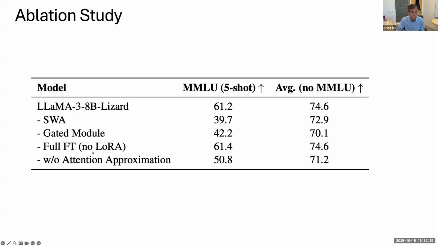Another factor: if we remove the gated module and also the SWA, then the performance significantly drops. And if we use full fine-tuning, we actually gain about 0.2 compared to using LoRA.